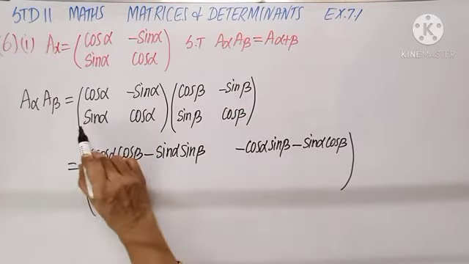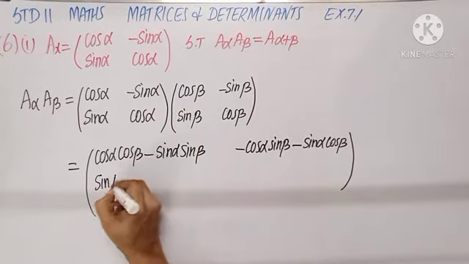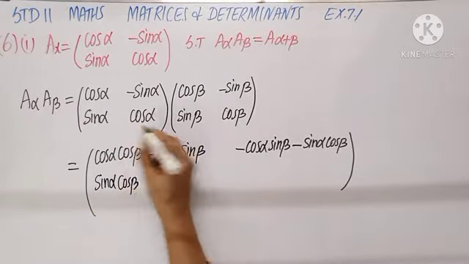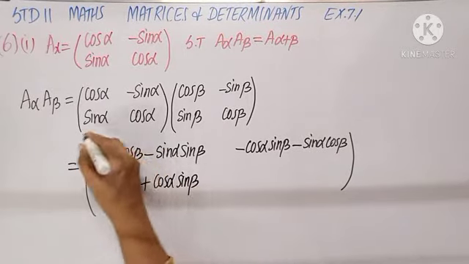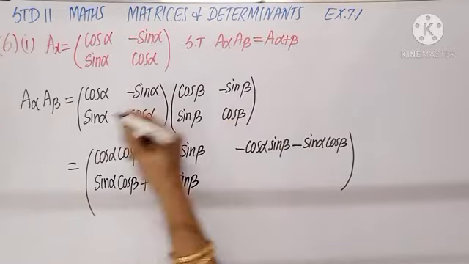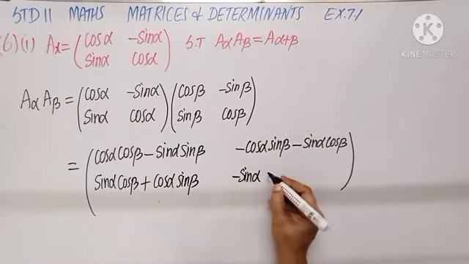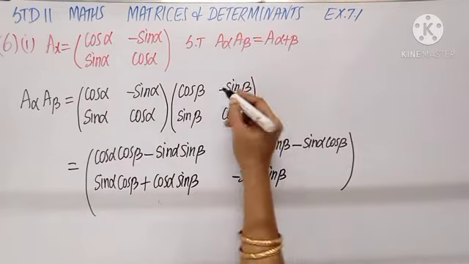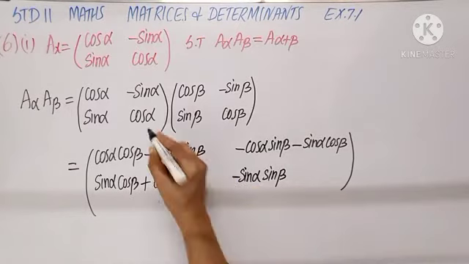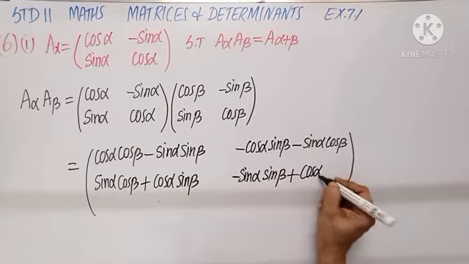Now, second row by first column: sin alpha cos beta, cos alpha sin beta. Second row by second column: sin alpha into minus sin beta. Put minus in the beginning. So it is minus sin alpha sin beta plus cos alpha cos beta.